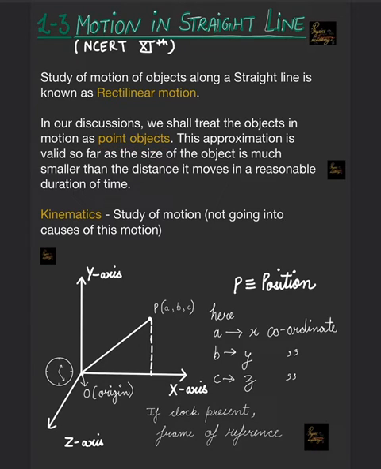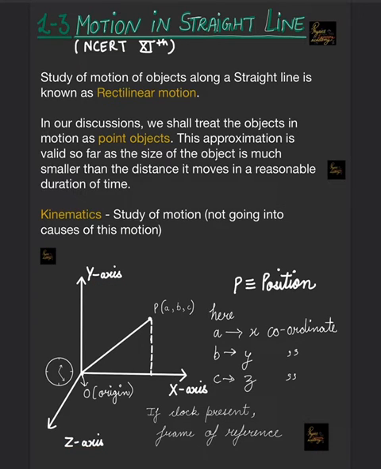Then the third topic, actually 3.2. When it starts, we talk about position. What exactly is position? We usually take a normal coordinate axis system, which we study in 9th, 10th. There's the x-axis, y-axis and z-axis.